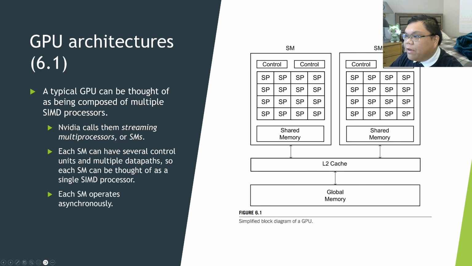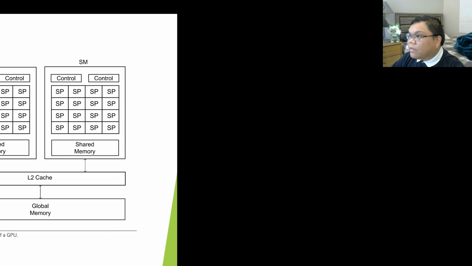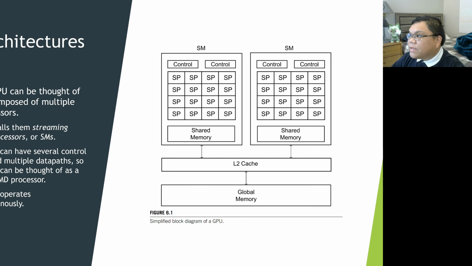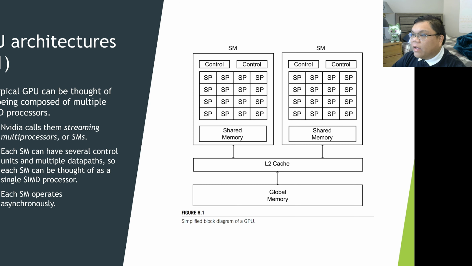A typical GPU, if I can move the slide out of the way, here we are. A typical GPU can be thought of as being composed of multiple SIMD processors. NVIDIA has its own terminology for this, so we're going to use that.